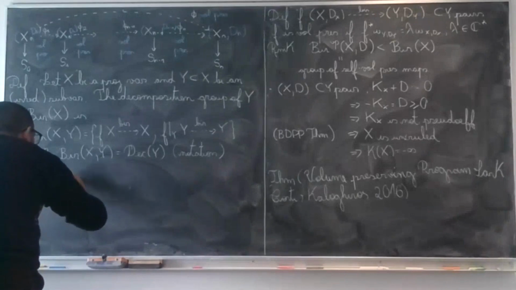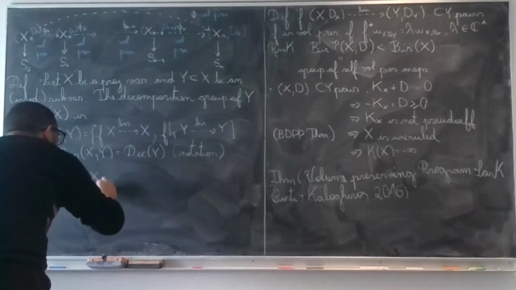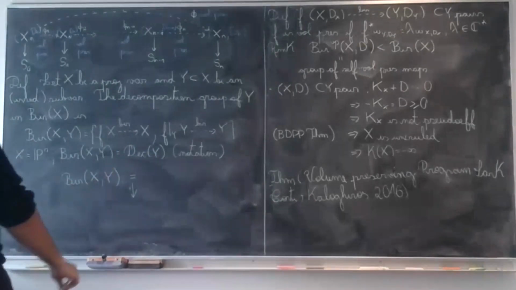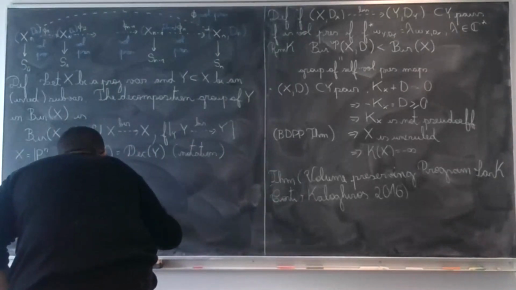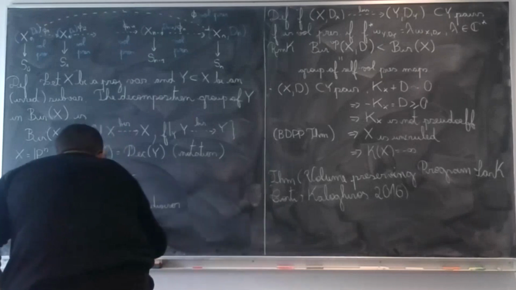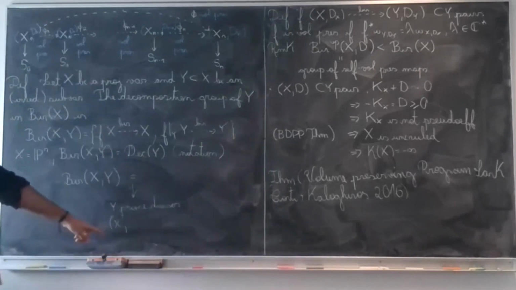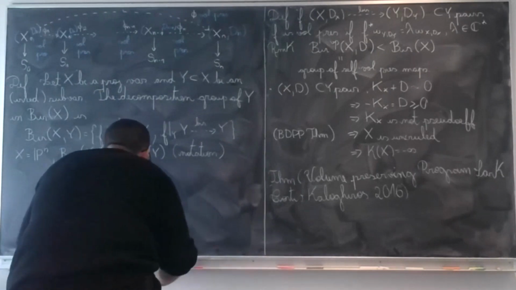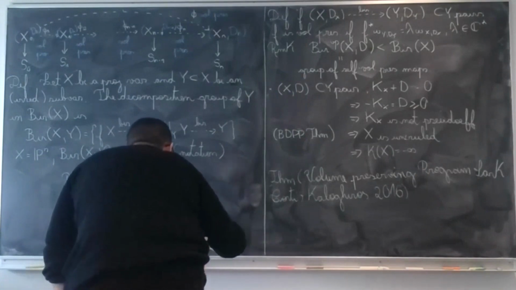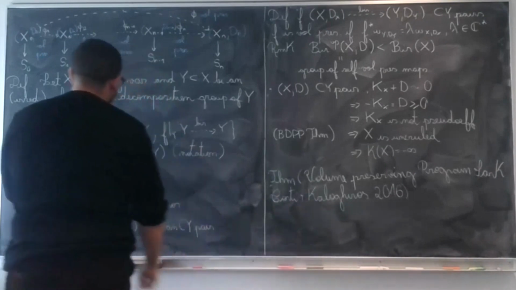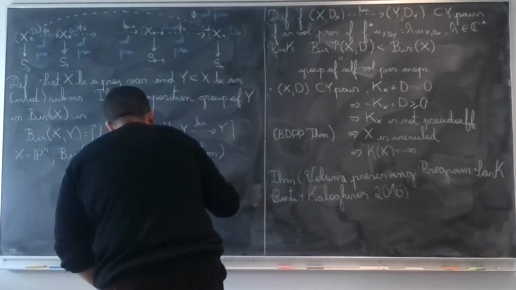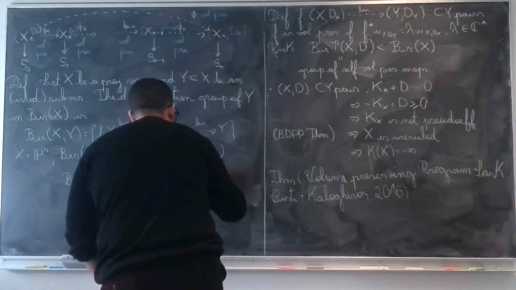We know that if, in this scenario, I assume that my subvariety Y is a prime divisor, and the corresponding pair X and Y is a canonical Calabi-Yau pair, we have that this group coincides with the group of self volume preserving maps of this Calabi-Yau pair.